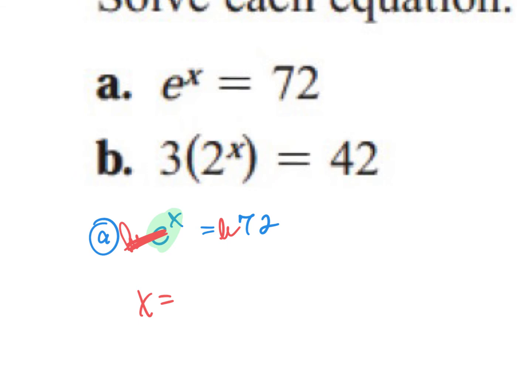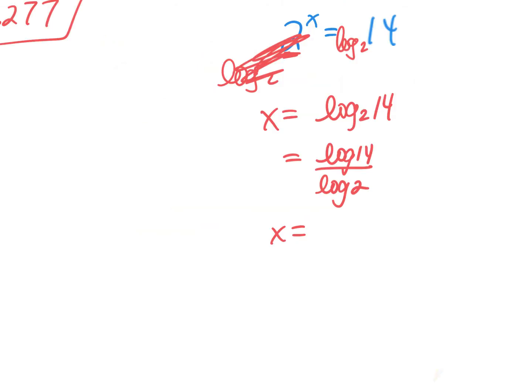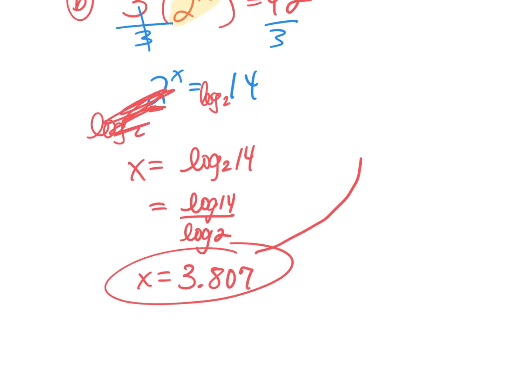Hit the ln button, 72. What do you guys get? 4.277. Give me 3 decimal places. Can we check this? Yes.